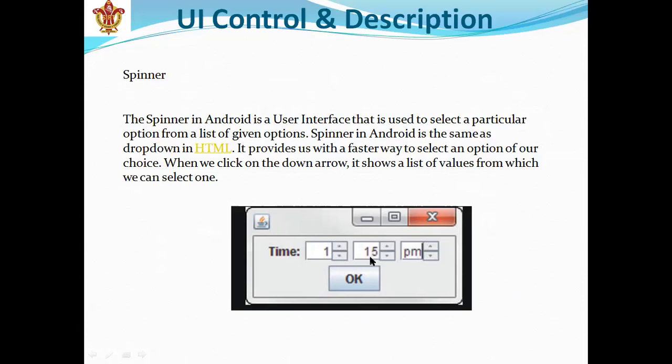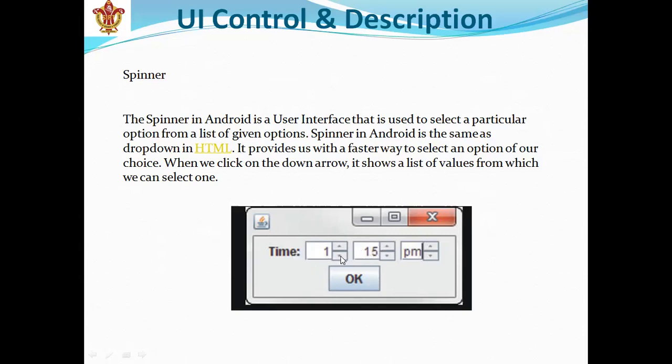We can select the hour or minutes by these drop-down arrows. We can select 1:25 by these arrows. We can select AM or PM according to the time, by the drop-down arrows. We can move up and down. So these up and down arrows are called the spinner in Android.